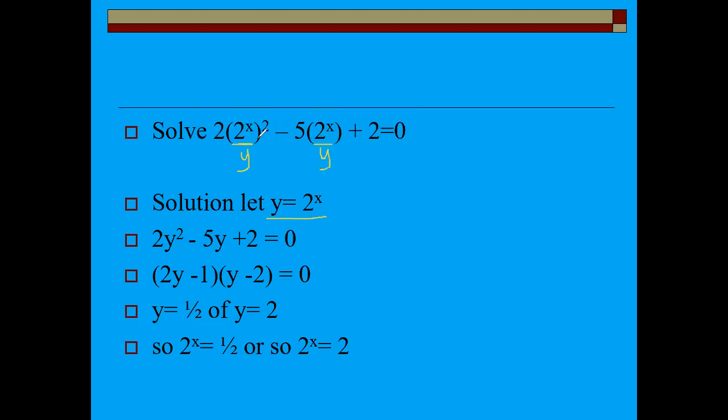Then the squared will affect the y. Don't forget about the square here. So we'll rewrite our function as 2 into bracket y squared minus 5 into bracket y plus 2 is equal to 0.